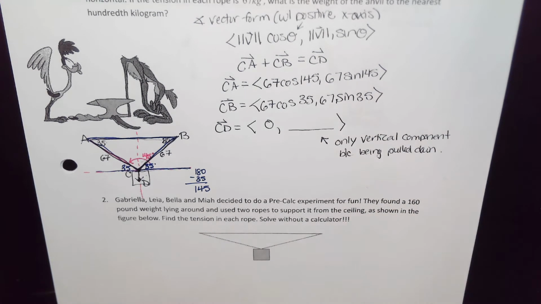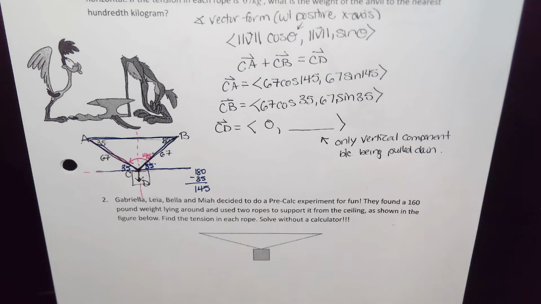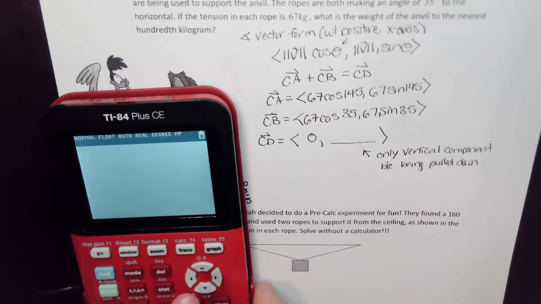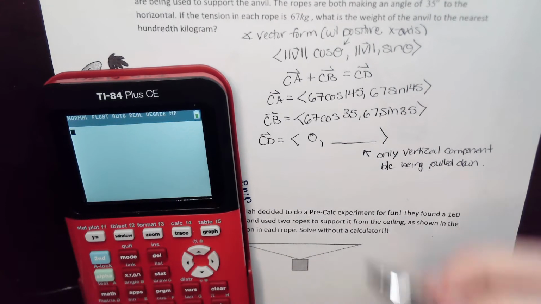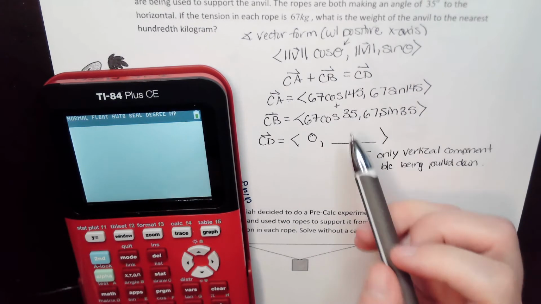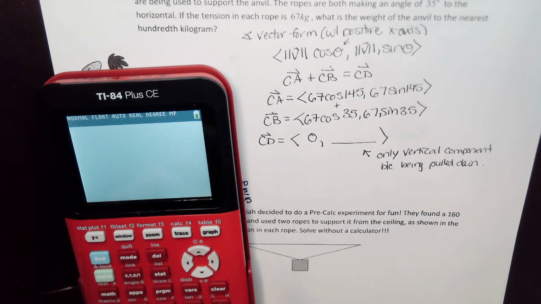Okay, so now what we're going to do is just add straight down here. Gotta go grab my calculator. Okay, so just to show you here, first of all, make sure your calculator is in degree mode. Mine is. And then we're adding straight down because we want these two vectors to equal vector CD. Again, they're pulling in those opposite directions.